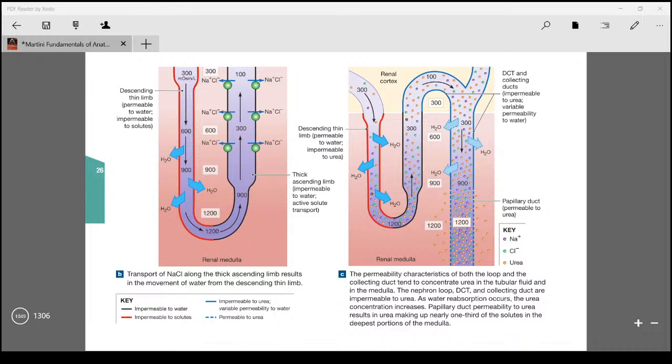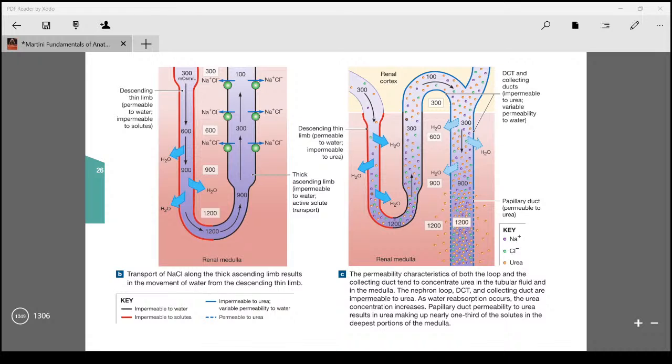Note this fact very carefully. But it can contain active transport channels which will pump sodium and chloride ions from the tubular fluid into the peritubular fluid of the medulla. That it can do.